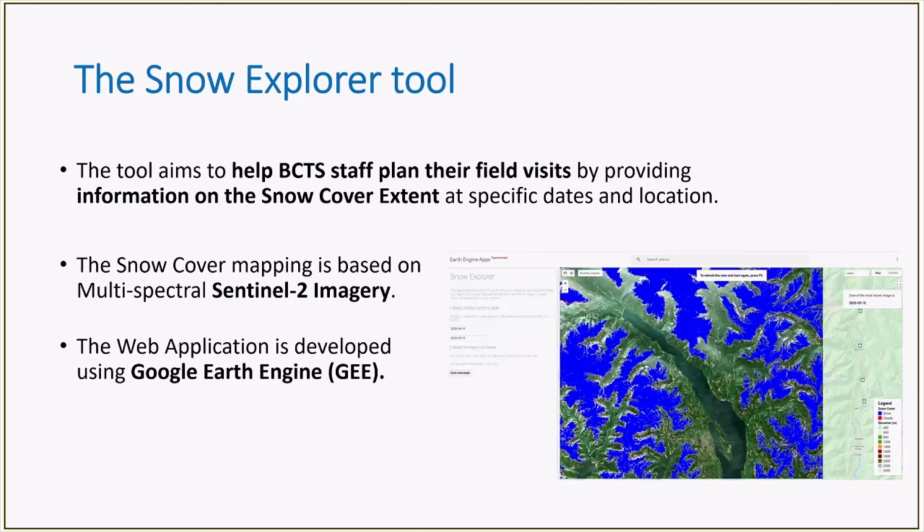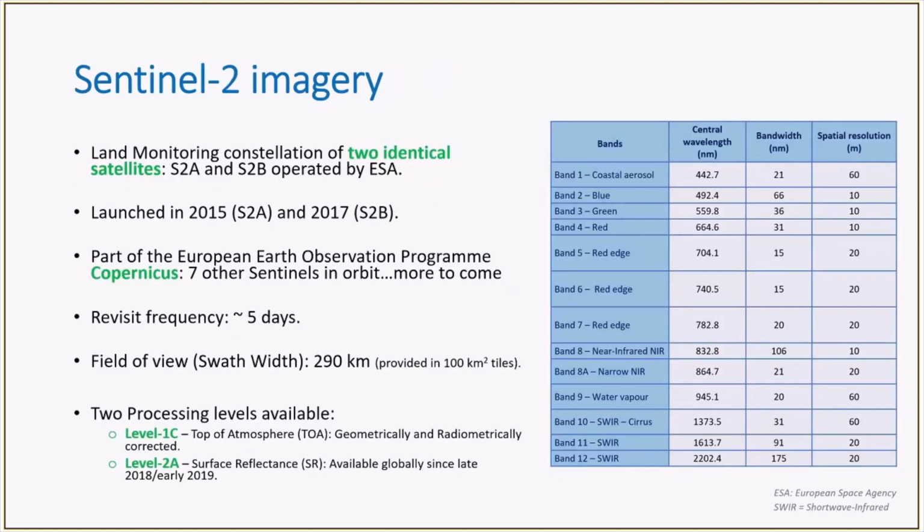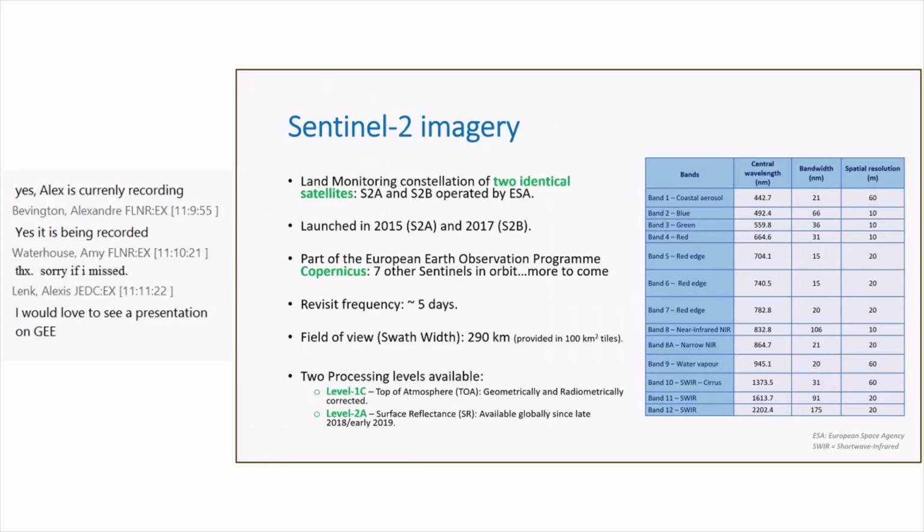So the imagery used for snow detection is from the Sentinel-2 mission, which is composed of two identical multispectral satellites operated by the European Space Agency. Sentinel-2 is part of an Earth observation program called Copernicus.